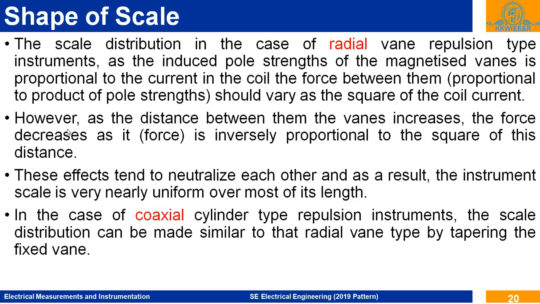As we see, M1 multiplied by M2: M1 is the pole strength of the fixed iron piece, M2 is the pole strength of the movable iron piece. So again, it will depend on the field strength H square, and field strength again depends on the current through the coil, so I square.